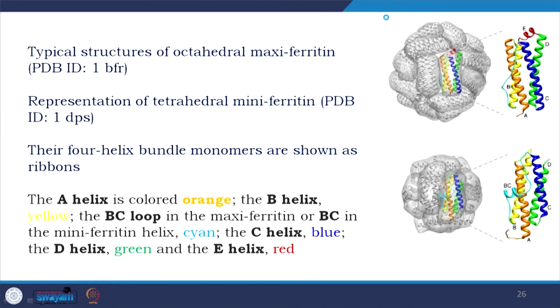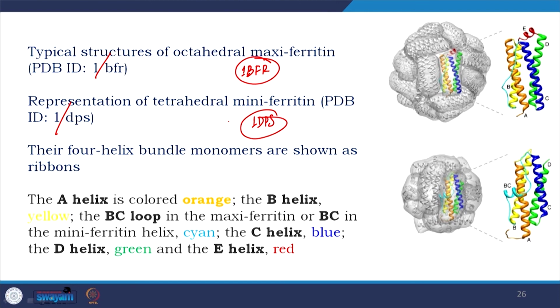If you see, this is the typical structure of octahedral maxiferritin and miniferritin. Maxiferritin is 1 BFR, where 1 BFR is the PDB ID, and 1 DPS is the PDB ID for miniferritin. They are structured with a 4 helix bundle monomer.